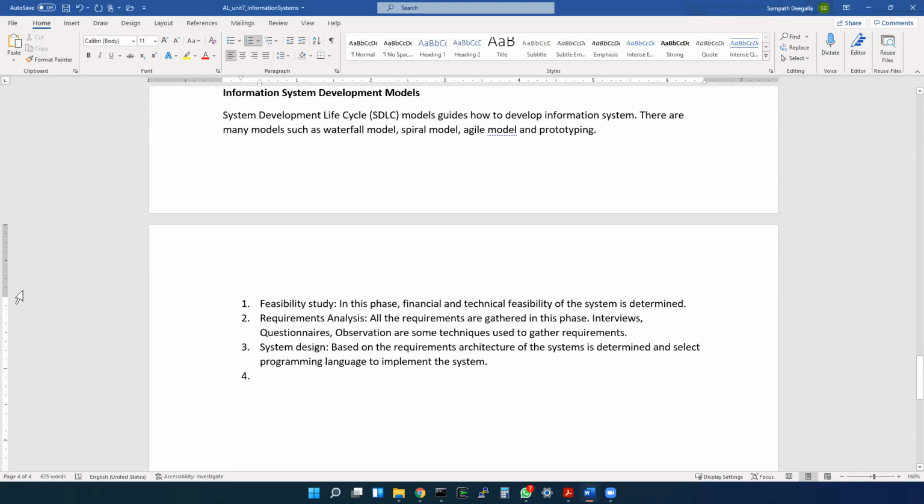Fourth one, development. The design is implemented using a suitable programming language. So that is development.